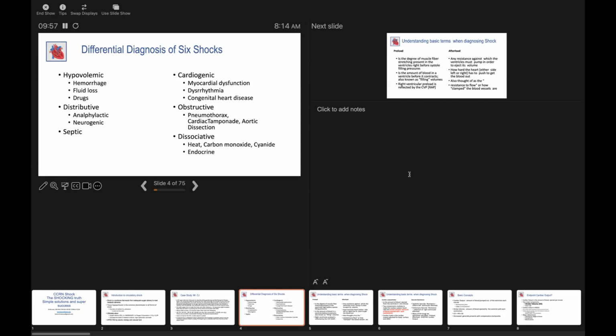Because in early sepsis, the patient is hypovolemic. In later sepsis, the patient is vasodilated. And if not treated appropriately, at the end, they're in cardiogenic shock. So they move through all different types of shock when you're evaluating them.